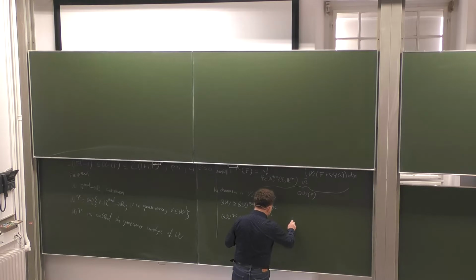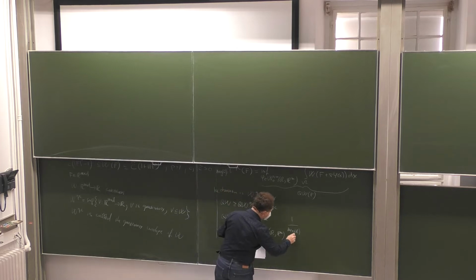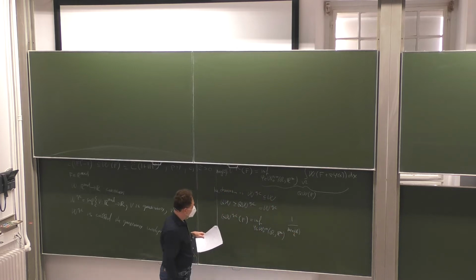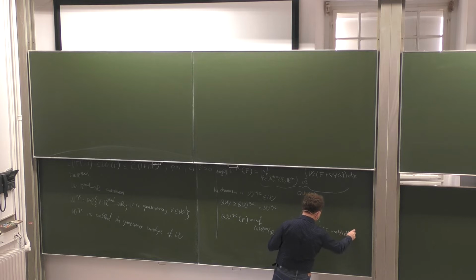Now I take 1 over the measure of Ω, the Lebesgue measure, which is always in R. And now I do the integral, and here I put WQC of F plus grad φ of x dx.